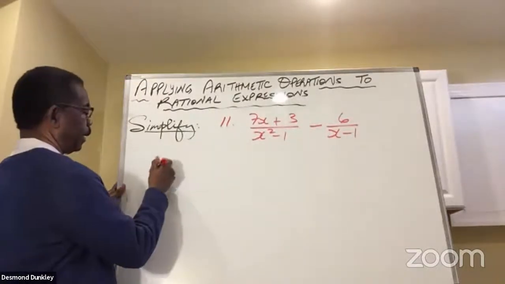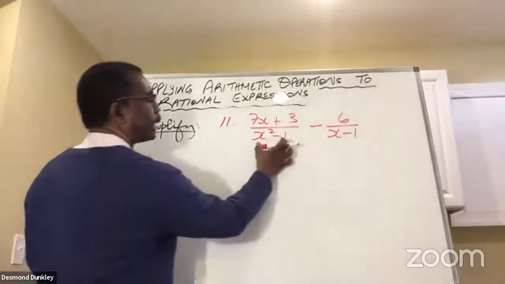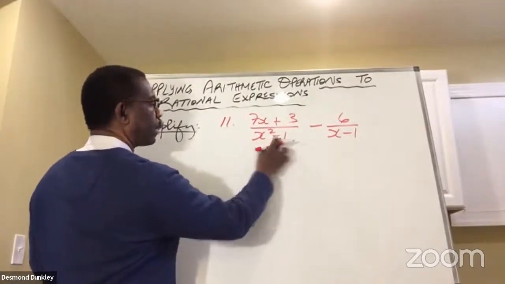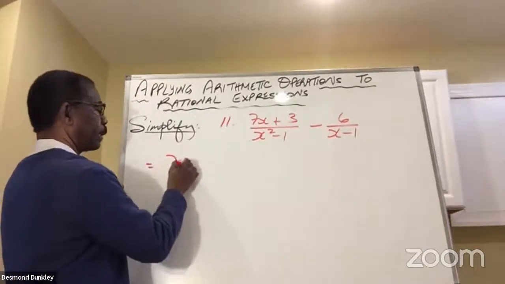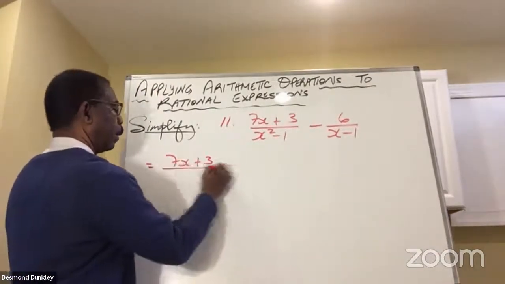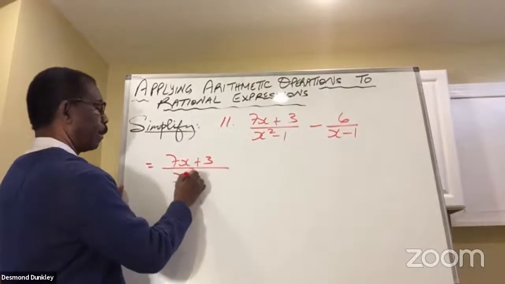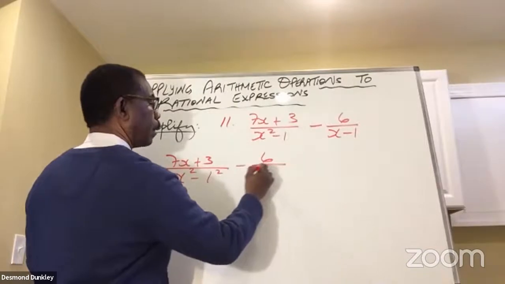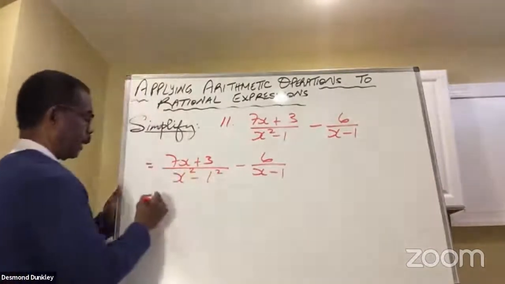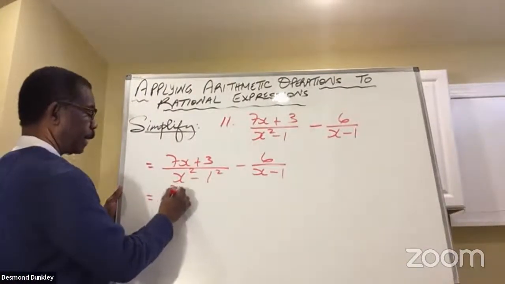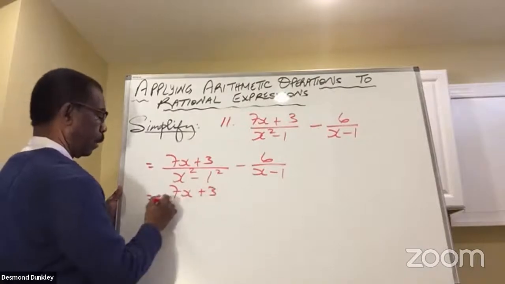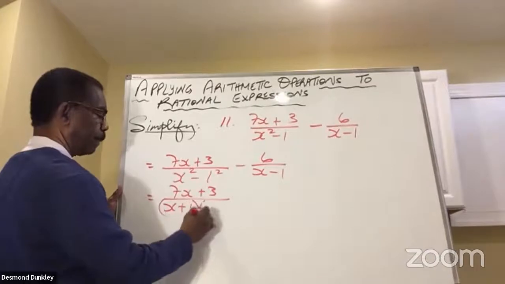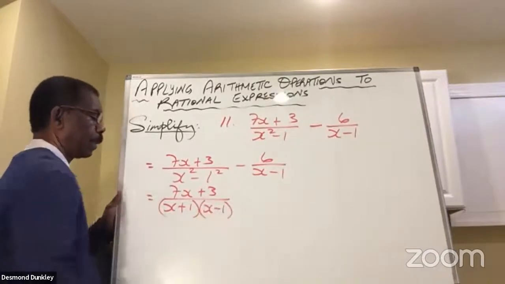So for that one, I noticed that this is a difference of squares. It's x squared minus 1 squared. So we have 7x plus 3 over x squared minus 1 squared. And then this gives me 7x plus 3 over x plus 1 times x minus 1.